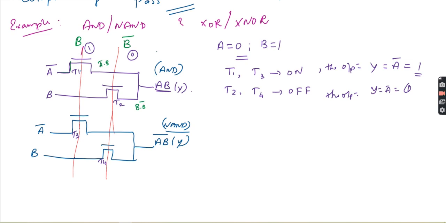Then I will get A bar dot B plus B dot B bar. B dot B bar is 0, so B is common and we get A bar plus B bar.